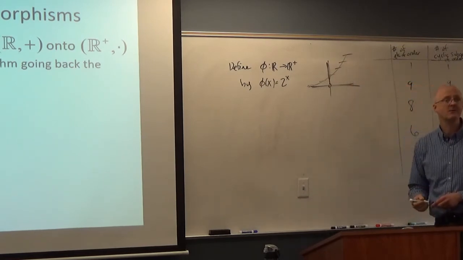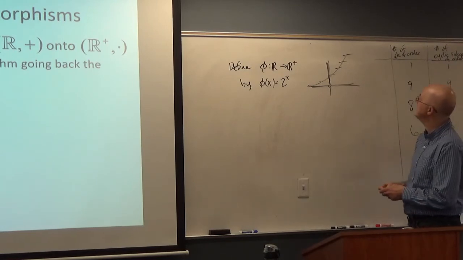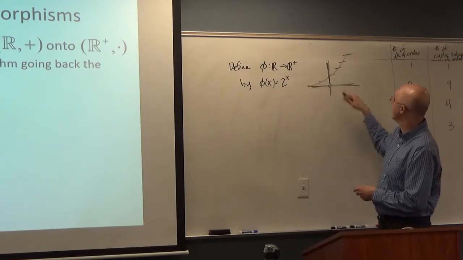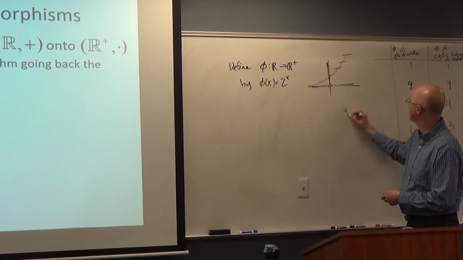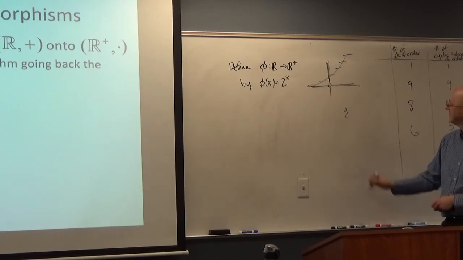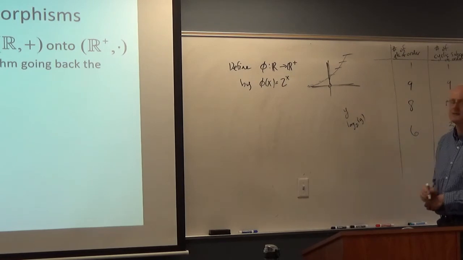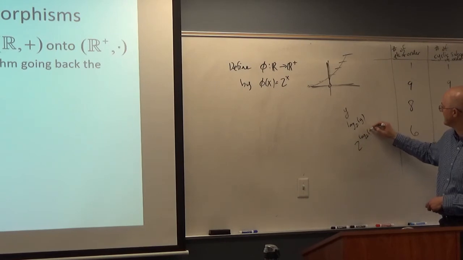No horizontal line hits the graph more than once. I'm just trusting that that's true. And it's onto: every positive real number y has an input that gets mapped to it. In this case, it would be log base 2 of y gets mapped to it, because 2 to the log base 2 of y would equal y.